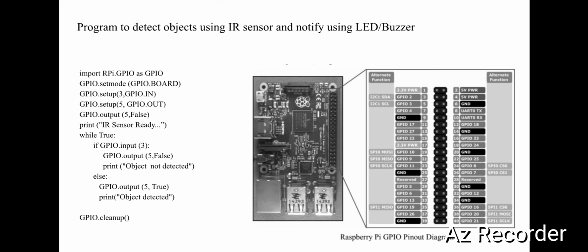For that we can take the example of the GPIO 2 pin. To identify the GPIO 2 pin using the board number, that is 3, which is associated with the GPIO 2 pin, we have to specify GPIO.BOARD in our program. When we specify GPIO.BCM mode in the program, the same GPIO 2 pin will be identified with the number 2. Another example we can take is the GPIO 17 pin.